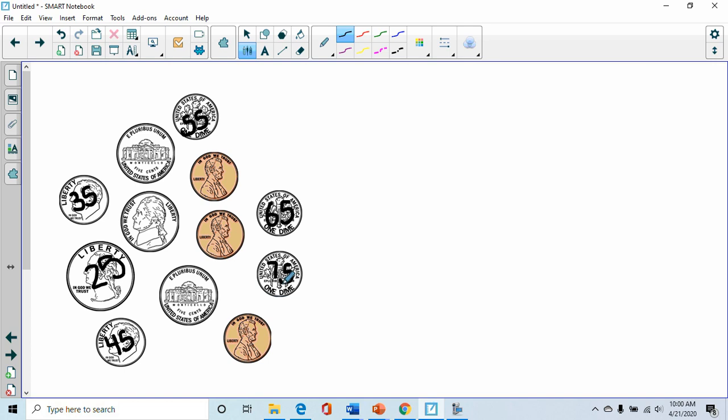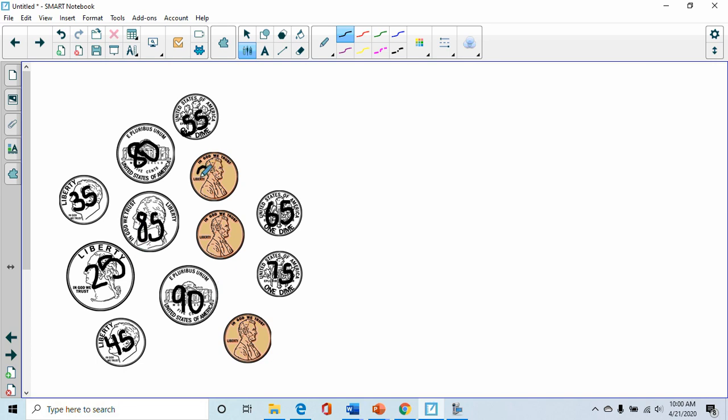Now we're going to count by 5s. My last count was 75, 80, 85, 90. Now I'm left with pennies, so I'm going to switch over to a 1 count.